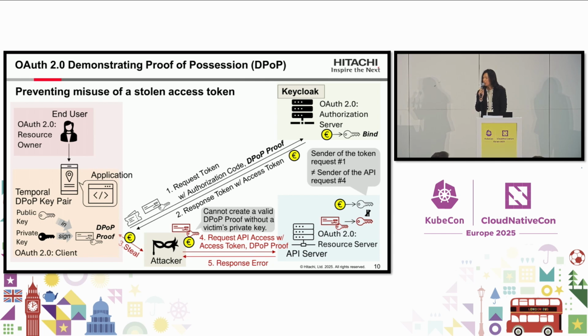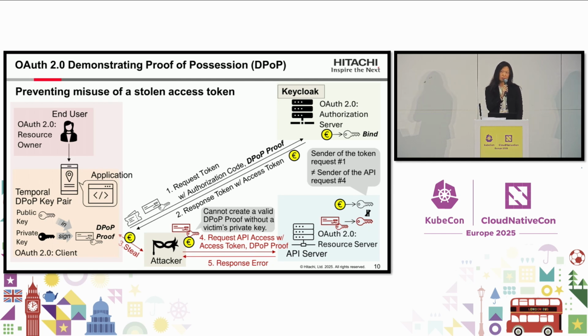DPoP enables you to prevent the misuse of a stolen access token. As you might know, the OAuth 2 specification, RFC 6750, states that an access token is treated as a bearer token, which means that everyone holding an access token can use it, for example, to access APIs.